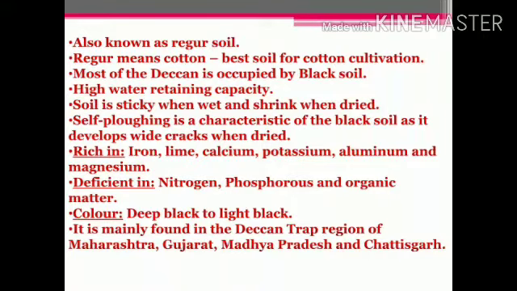Self-ploughing is a characteristic of black soil as it develops wide cracks when dried. It is rich in iron, lime, calcium, potassium, aluminium and magnesium, and deficient in nitrogen, phosphorus and organic matter. Colors range from deep black to light black. It is mainly found in the Deccan Trap regions of Maharashtra, Gujarat, Madhya Pradesh and Chhattisgarh.